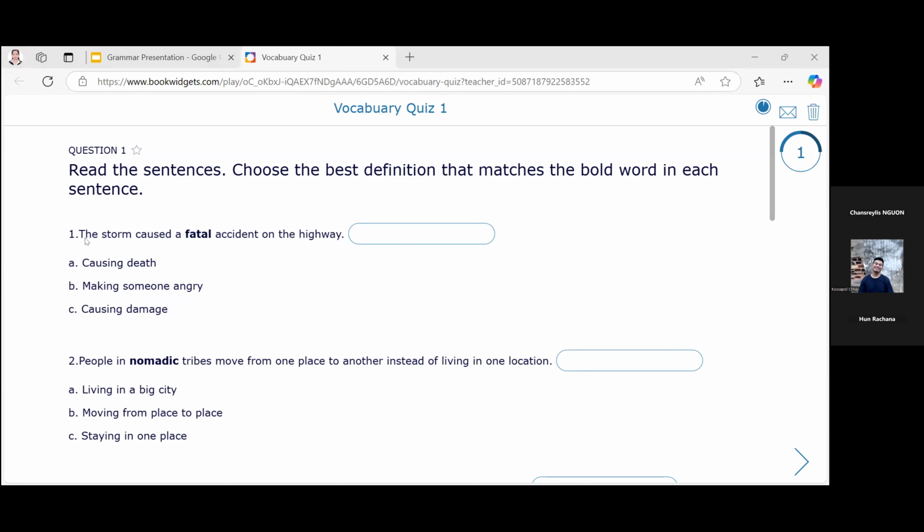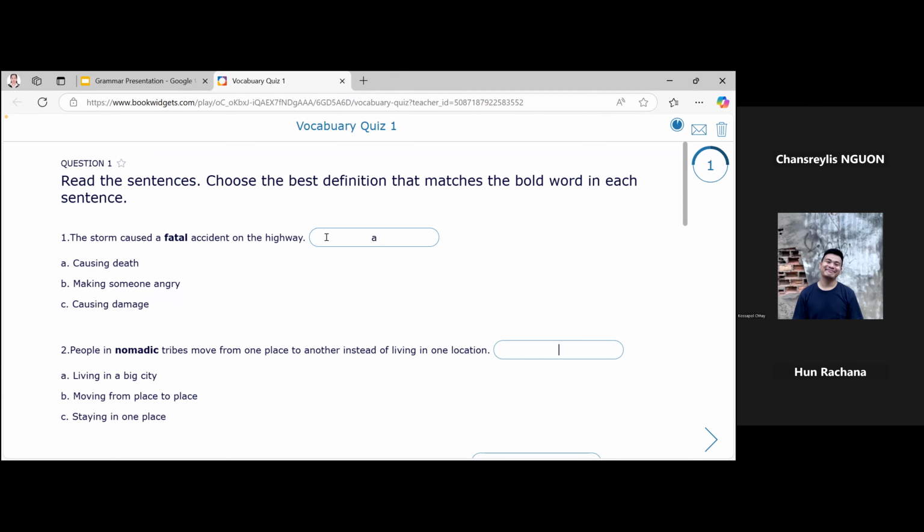So we start. The storm caused a fatal accident on the highway, causing death. Do you think so? Yes, A. Okay. People in nomadic tribes move from one place to another instead of living in one location. Letter B, from place to place. Okay.